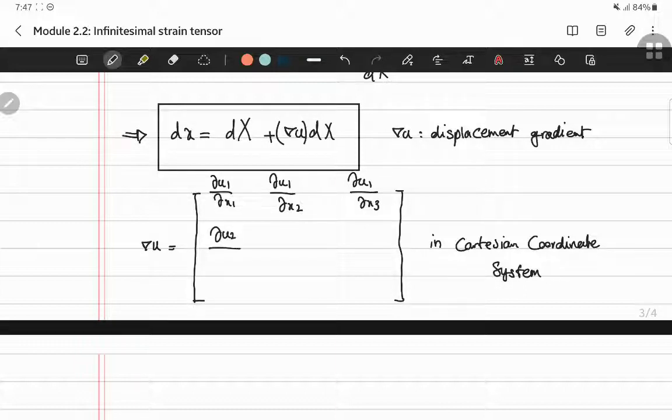Then u2 with respect to x1, u2 with respect to x2, and u2 again with respect to x3. Partial derivative of u3 with respect to x1, x2, and x3.